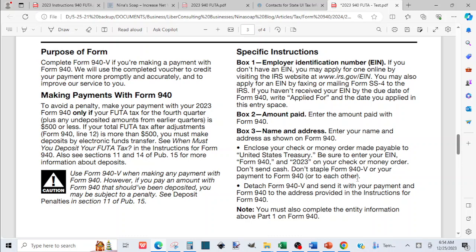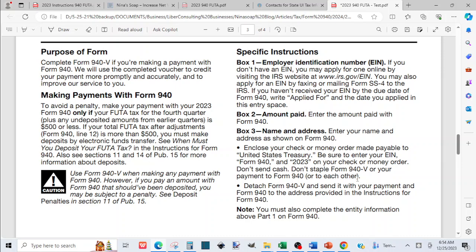You'll have three pieces in the envelope. You'll have the Form 940, you'll have Form 940 voucher, and you'll have the check. So that's three different things that you do not staple to either one of them. You keep them separate.